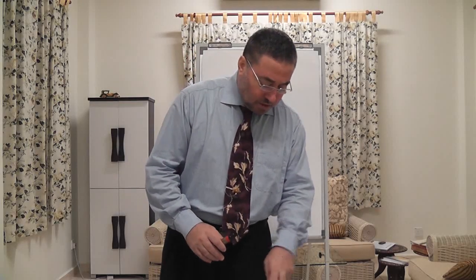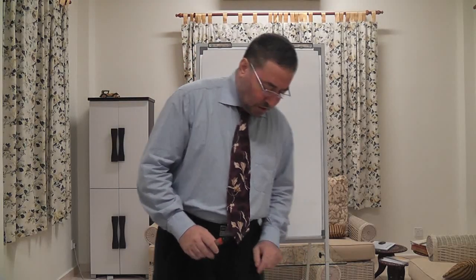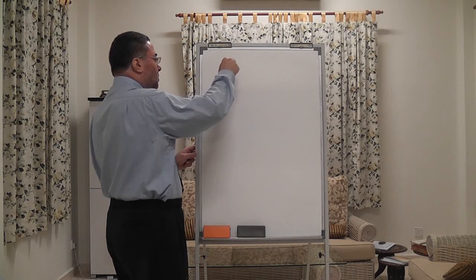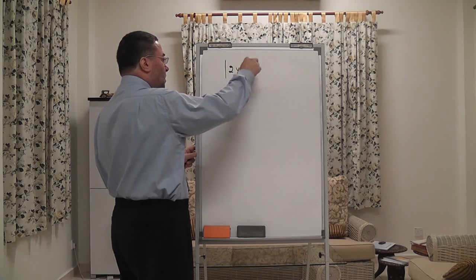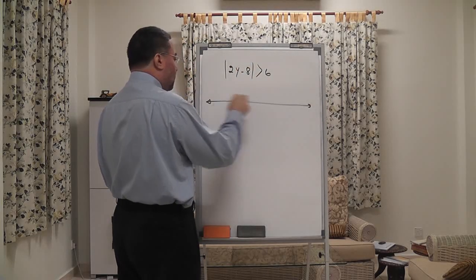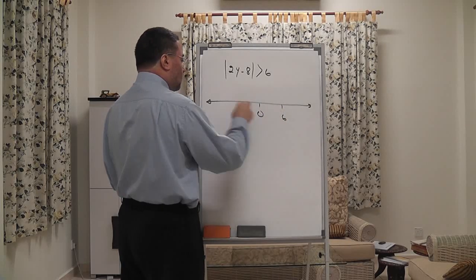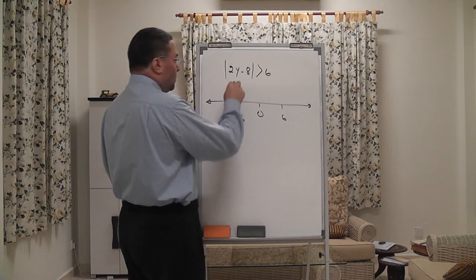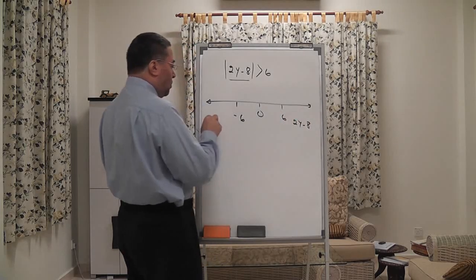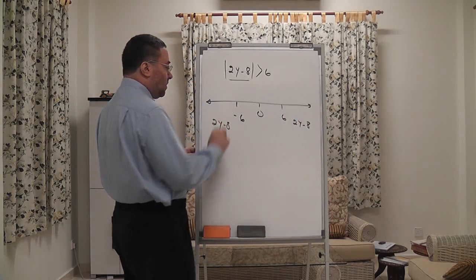Let's look at number 7 in the written exercises on page 194, and that's absolute value of 2y minus 8 more than 6. Here, if we apply the definition, we say our number is either in this region or in this region.